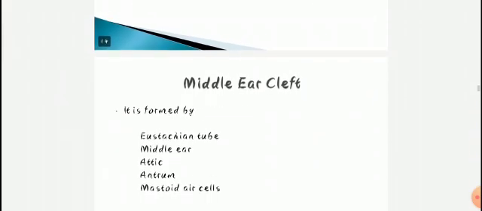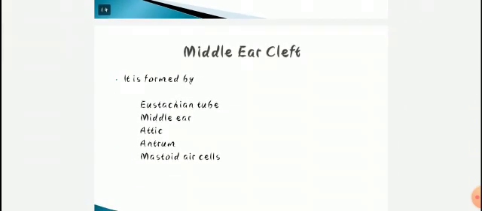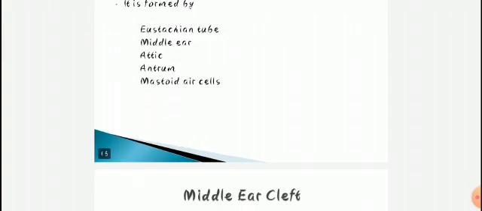Now, middle ear cleft is formed by so many organs. First is eustachian tube, middle ear, attic, antrum, and mastoid air cells. All these together are known as middle ear cleft. You can see the figure.